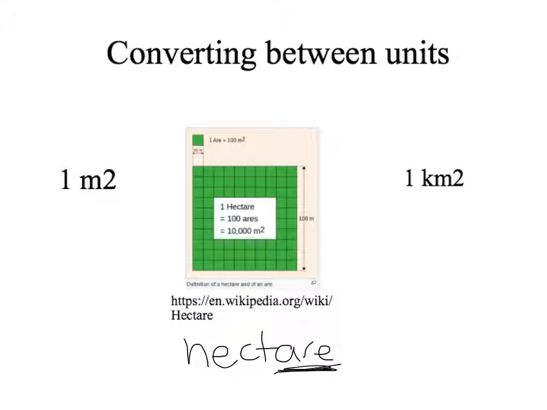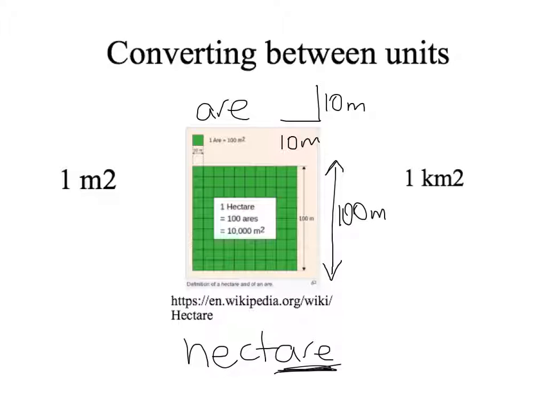And 1 are, A-R-E, is equal to 10 metres by 10 metres. When we've got 100 of those, we have 1 hectare. In this little picture in the middle that I've taken from Wikipedia, you can see that 1 hectare is 100 metres by 100 metres.